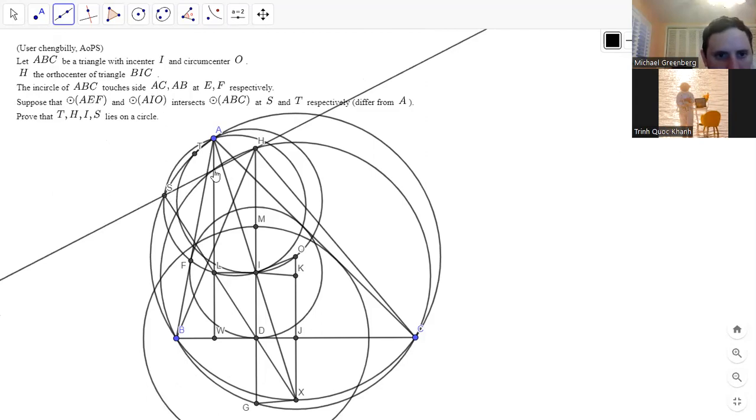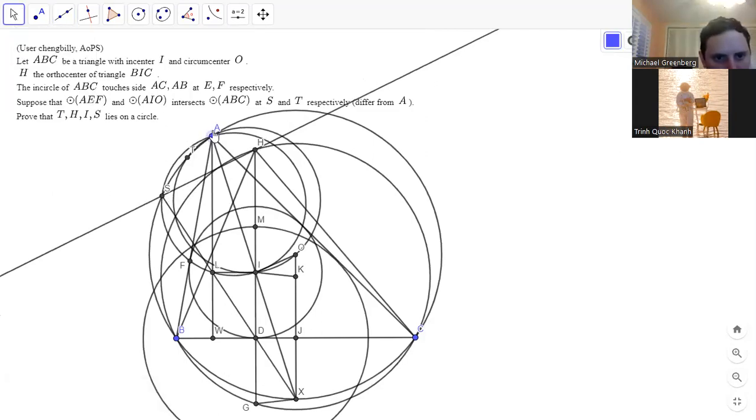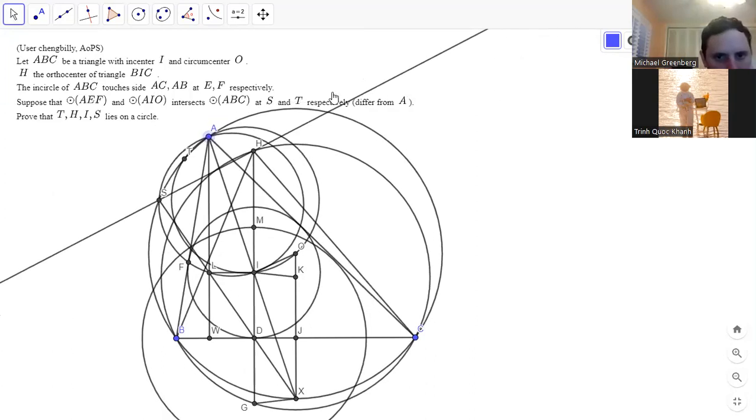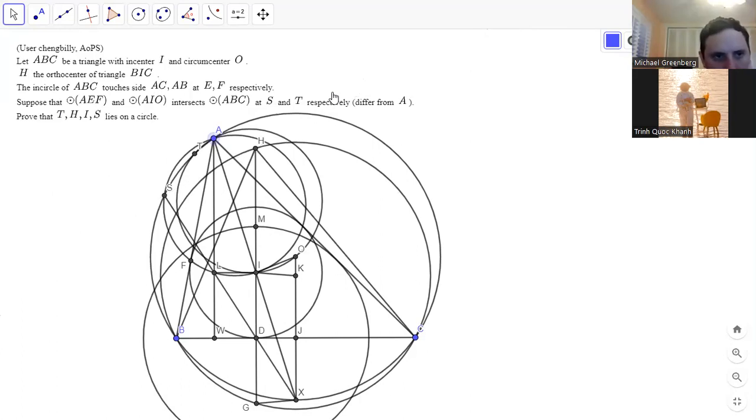Does SH pass through that point? No. Yeah, I just don't know where S and T go under that inversion. That's the thing.